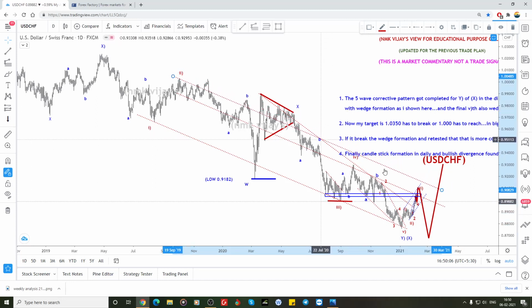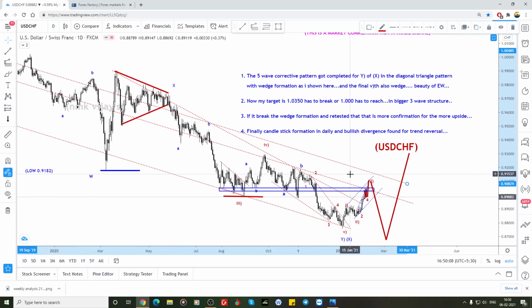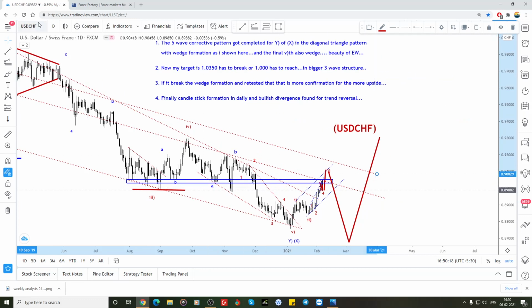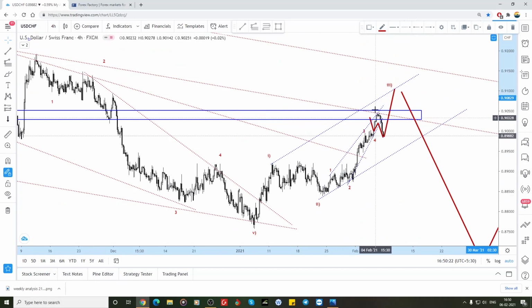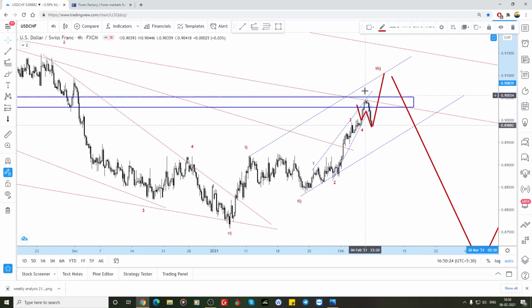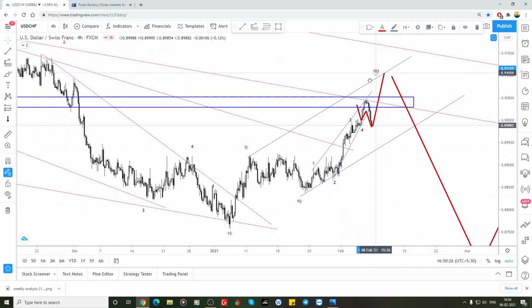So here is a fourth, or here it is a fourth. So if it is the fourth wave, it means this is the A 5 structure, and B and C can go down. Otherwise it can shoot from here itself. It could be wave 1 2 and 1, and here one more 1 2, or it could be a third wave end, it could be a fourth wave. I will show you that.